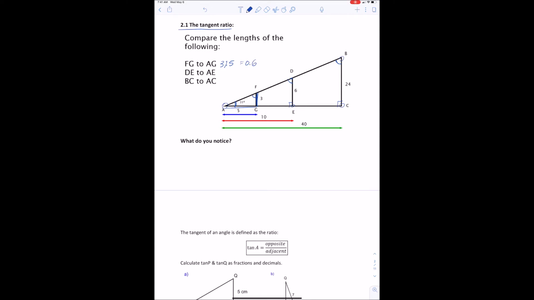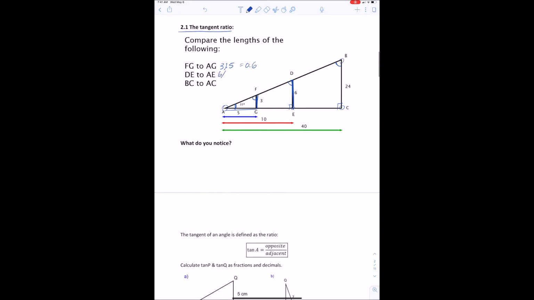So what about DE now? That height of the triangle to the ratio of the base is 6/10. Well, that's also 0.6. And then BC to AC is 24 to 40, which is also 0.6.